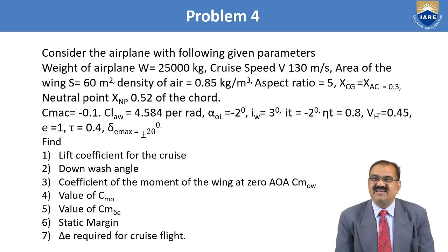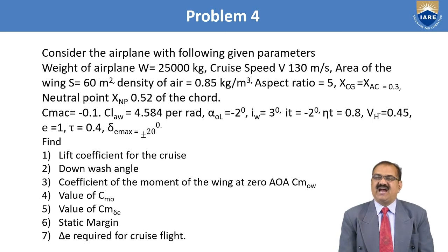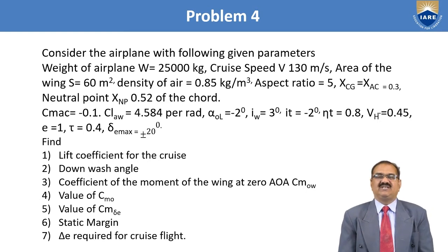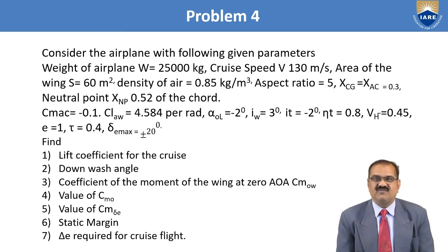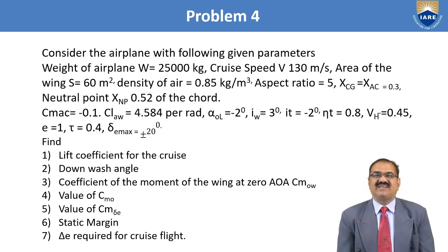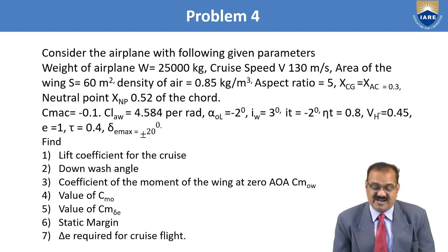Eta T is the dynamic efficiency, 0.8, and the horizontal tail volume ratio is 0.45. E is equal to 1, tau is equal to 0.54, and elevator deflection delta E maximum is plus minus 20 degrees. So what we have to find out?